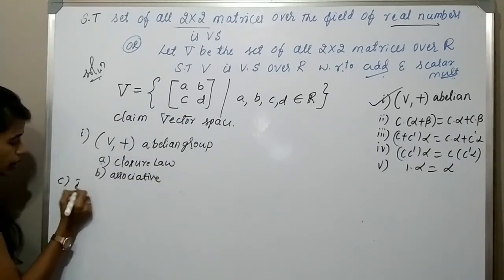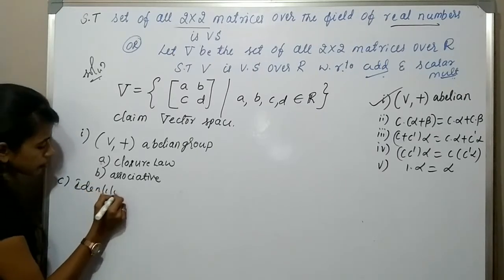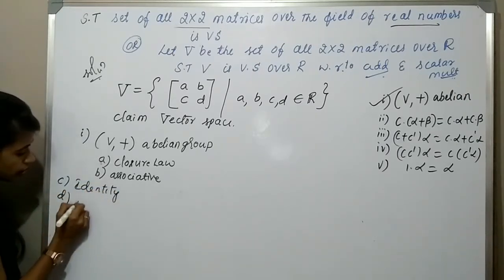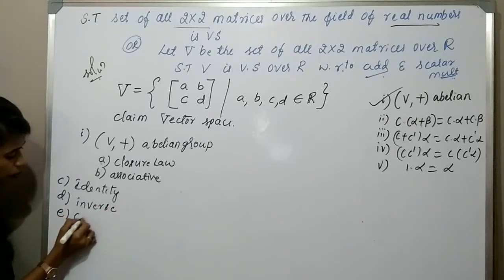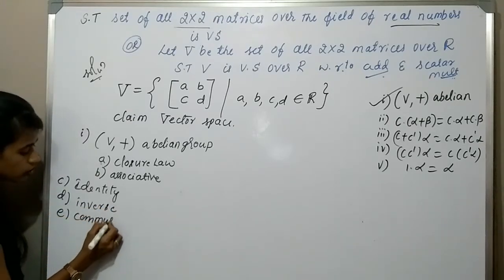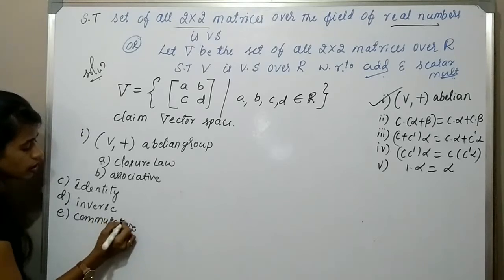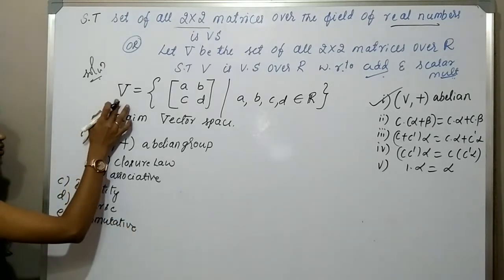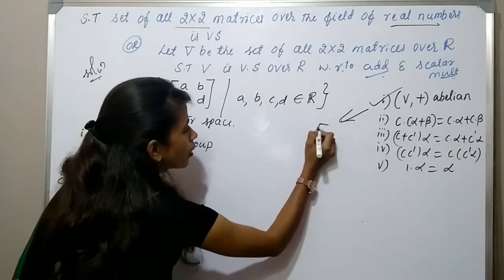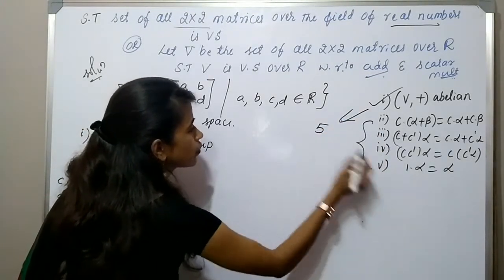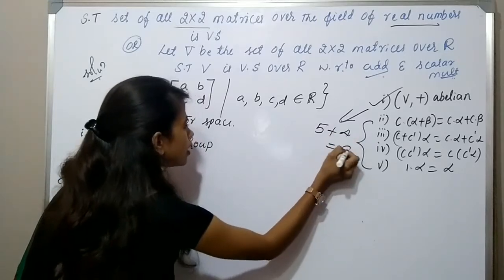C, identity law. D, inverse. E, commutative. Together with the other 4 conditions, that is 5 plus 4, 9 conditions to show that this set is a vector space.